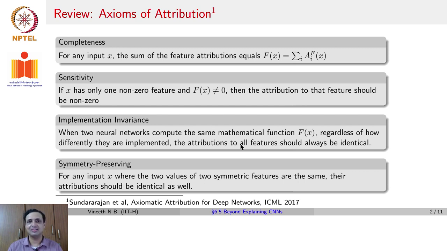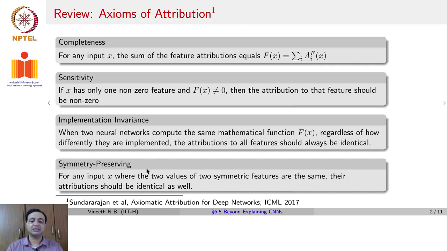By some means, they've learned the same function. Maybe you used ReLU in one 3-layer network and you used a sigmoid in another 2-layer network, but let's assume they learned exactly the same function. If that happens, the attributions to all features that you get in both of these networks should be the same. And you'll actually see that deep lift violates implementation invariance. Once again, for the reason, please look at this paper at the bottom.